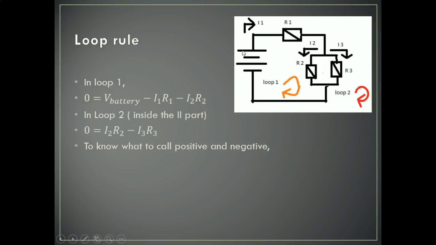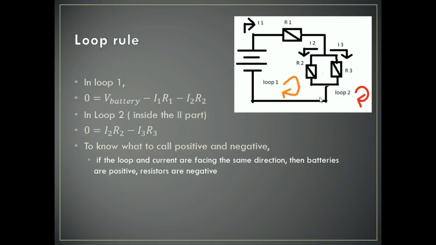So in these, the outside one and the one before, the battery was positive, the resistors were all negative. But in these two, how do you know which one's positive and which one's negative? The reason is because of this little part here. If the loop and current are going the same direction, then batteries are positive, resistors are negative.